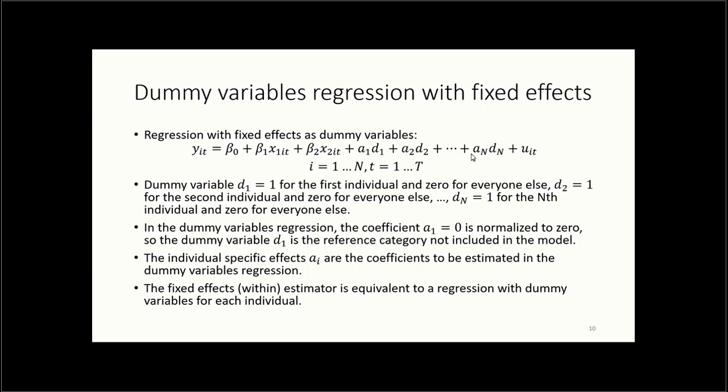So we could just form these dummy variables and estimate the coefficients on them. And I will show you practically that the fixed effects within estimator that we discussed on the previous slide would be equivalent to this regression with dummy variables for each individual. So you will see that during the examples.